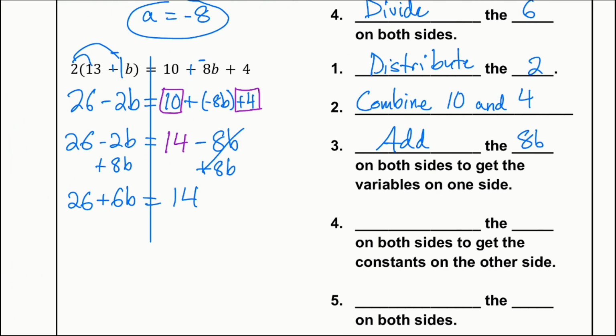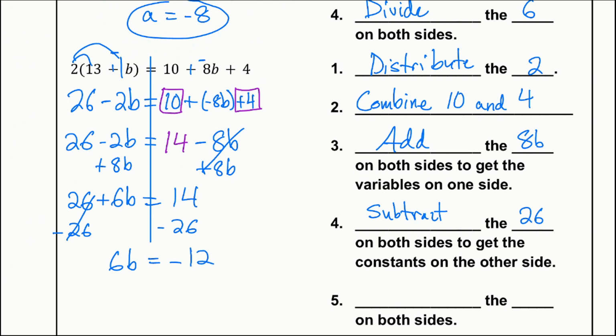Excuse me. So now I'm going to get my constants on the other side by subtracting 26. That gets me 6b equals, oh, my brain hurts, 14 minus 26, -12.